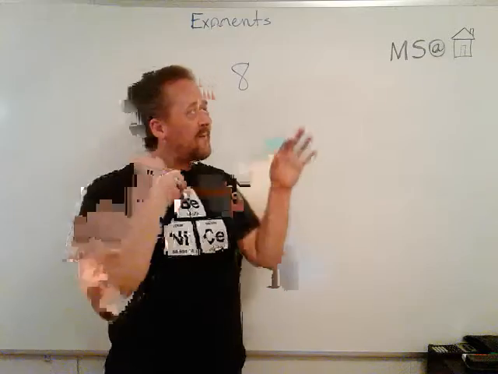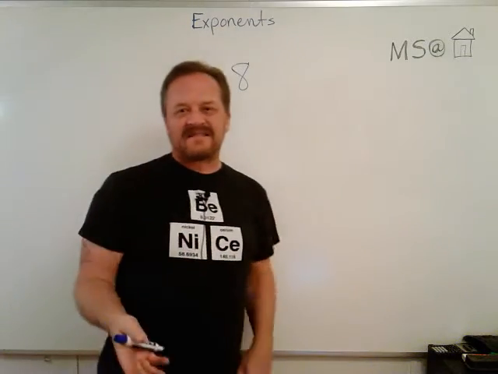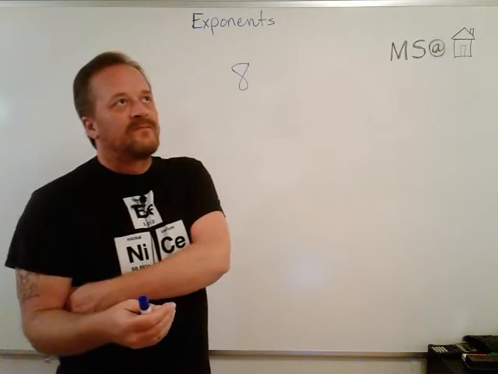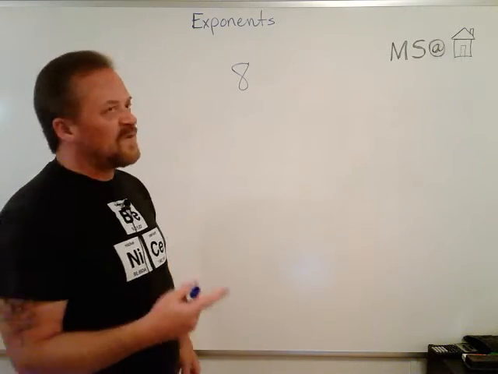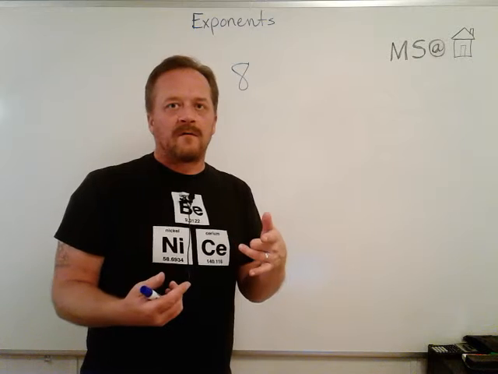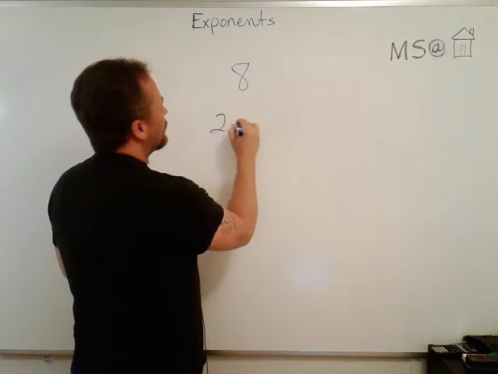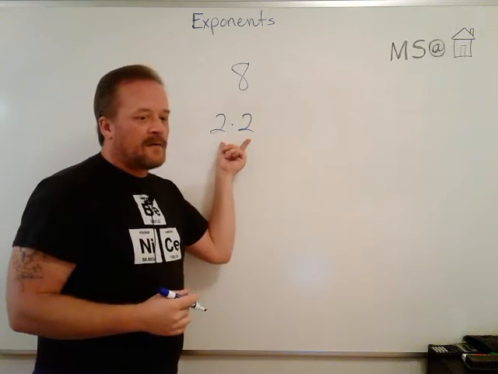I can't multiply 4 times 4 because that gives me 16, that's too big. 3 times 3 is 9, still too big. 2 times 2 is 4. Okay, so let's start with that. 2 times 2 is 4, right?